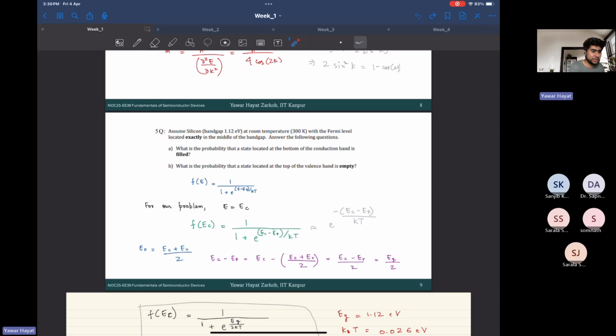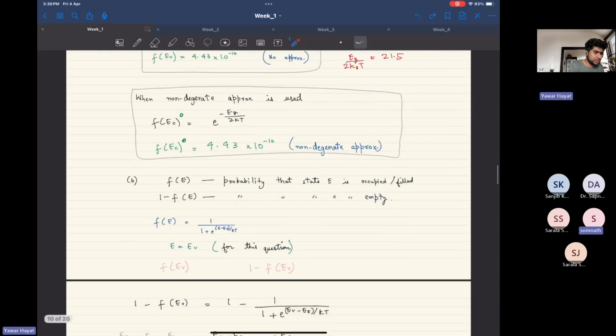So, if we say the probability that the state is filled is given by f of v, then the probability that the state is not filled would be 1 minus this probability, since the total probability has to be 1. So that is what I used. f of E is this, and 1 minus f of E is the probability that the state E is empty.